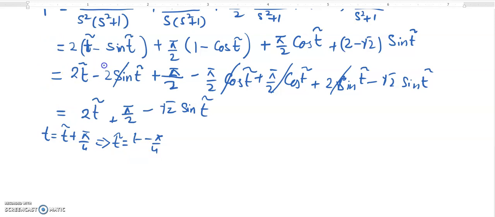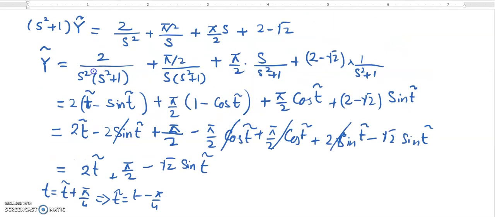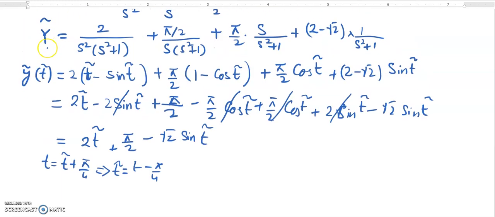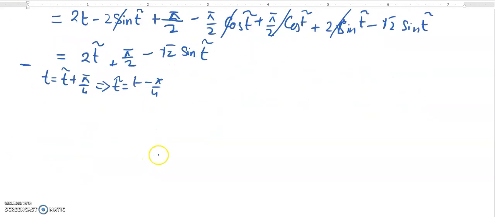Remember that when we transformed from the s to the t tilde domain, it was y prime in t tilde, and maybe you can say it as y in the t tilde domain. From t tilde now we can convert it into t.